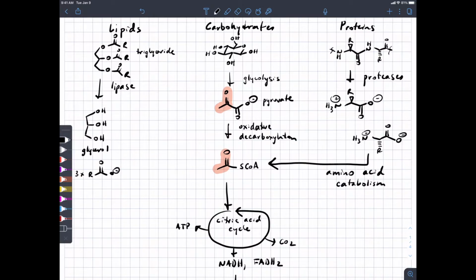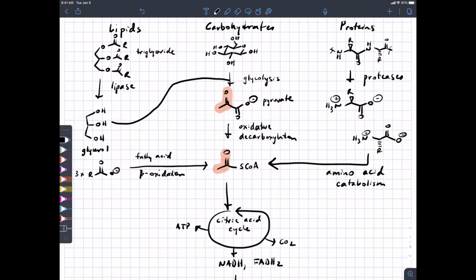Glycerol gets modified to something that can go into glycolysis, which we'll learn about. And then there's a separate pathway called fatty acid beta oxidation that can break the fatty acid down into acetyl-CoA.